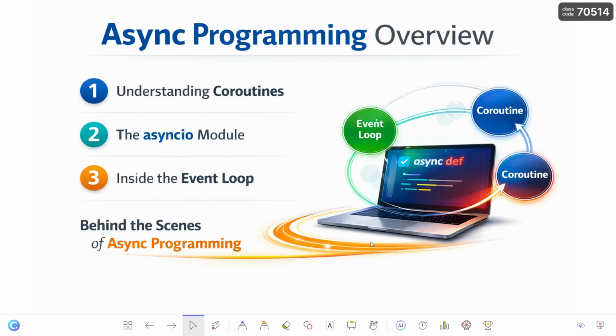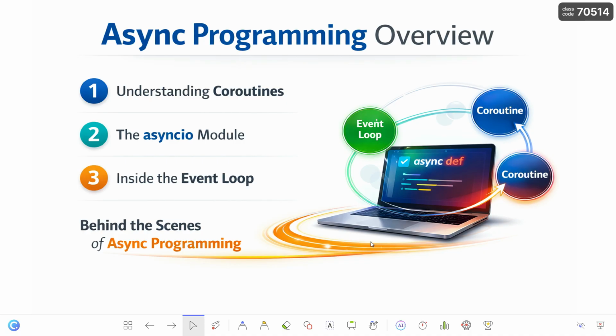Hello everyone, welcome to this tutorial about asynchronous programming in Python. Asynchronous programming, which is also called concurrent programming or coroutine, is one of the new concepts introduced in Python.